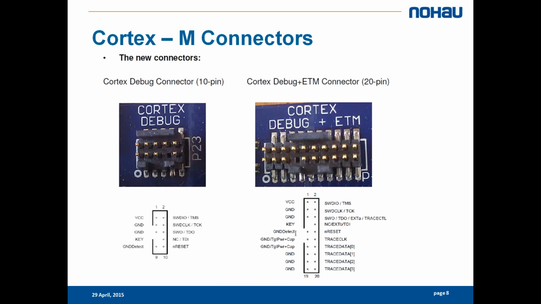As you can see here on the signals, pins 2 and 4 on the Cortex Debug are just for debugging, and then you add pin number 6 to do the serial wire viewer. To your right, you can see how the Cortex Debug plus ETM looks. Here you can see that you have 4 pins for trace data and 1 for the trace clock. This is needed for Cortex Debug with ETM.